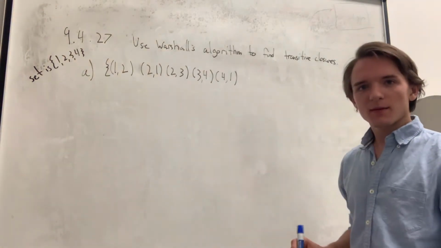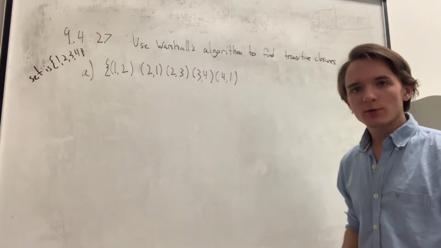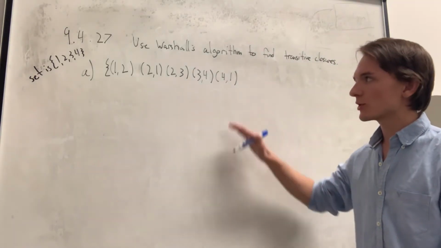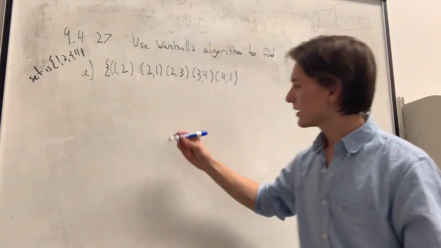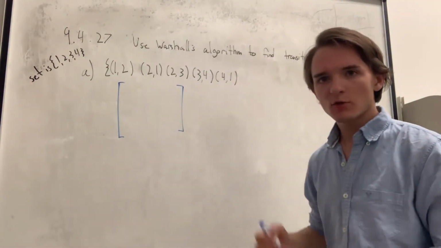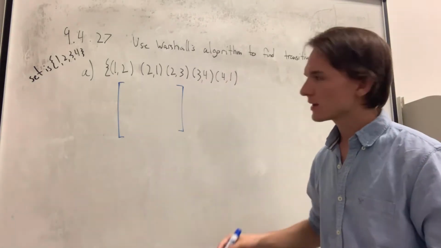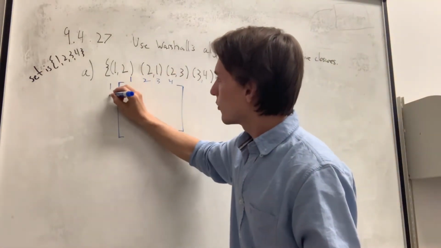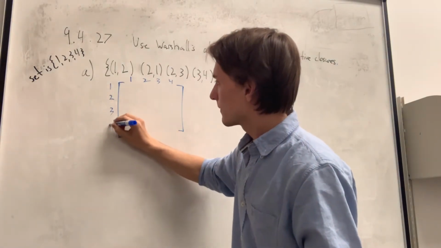I think the first step we want to do in writing on this problem, like on homework or whatever, is we want to turn this into a matrix. Because there are 4 elements, we make a 4x4 grid.